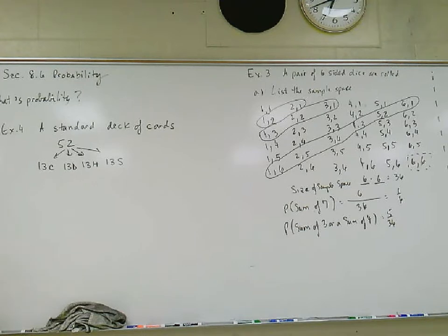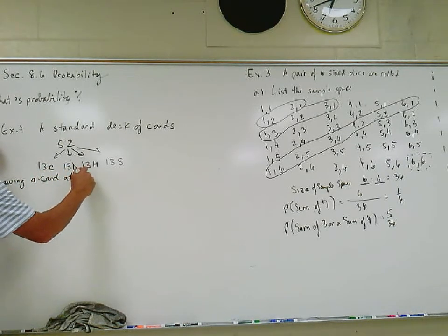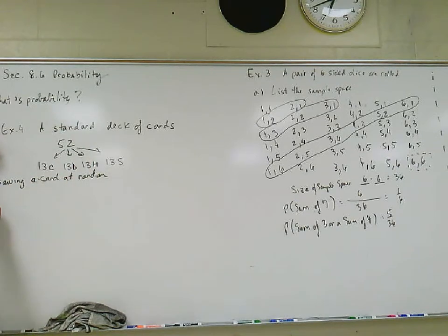So now I can ask you some probability questions. So if we're drawing a card at random, here's some probability questions. Part A, what's the probability of drawing a diamond? Part B, what's the probability of drawing a 7?